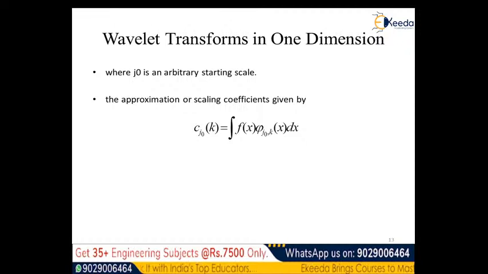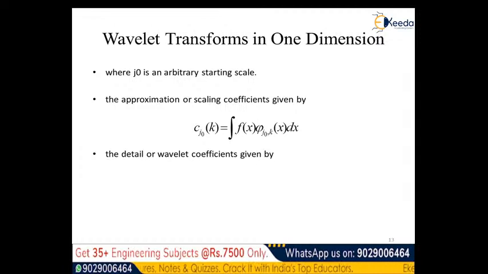This is basically the integral of the product f of x with the scaling function phi as a function of x, in the suffix j0 comma k, along with the differential dx. After this approximation or scaling type of coefficient, the other type of coefficients are also known as the detail coefficients or the wavelet coefficients.